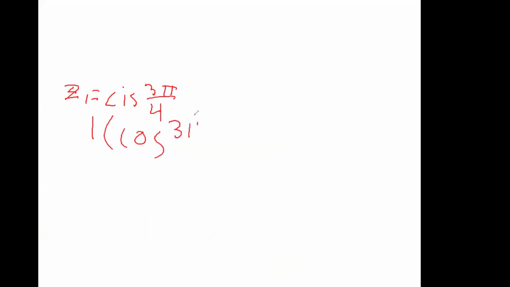So we're converting z values to Cartesian form. We have Z1 equal to something over 4, and we have an R value of 1. So that's already 1. Then we have cosine of 3 pi over 4 plus i sine of 3 pi over 4.